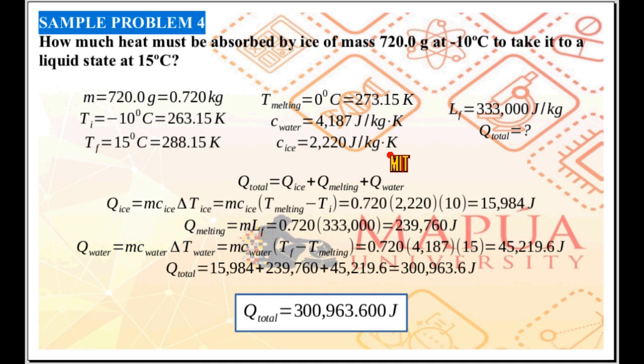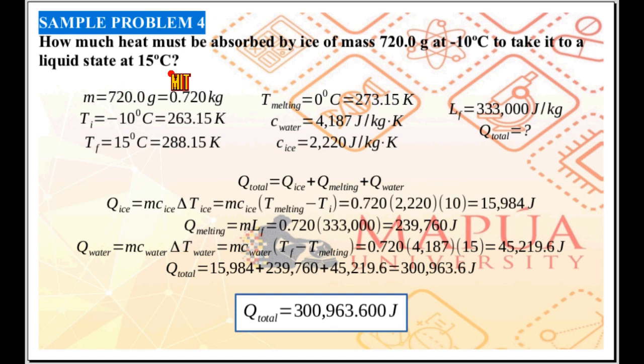The ice will melt. We need the heat of fusion of ice or heat of fusion of water. LF, we know to be 333,000 joules per kilogram. And we are looking for the total heat needed, Q total, that will convert the ice at negative 10 degrees Celsius to a liquid state at 15 degrees Celsius.